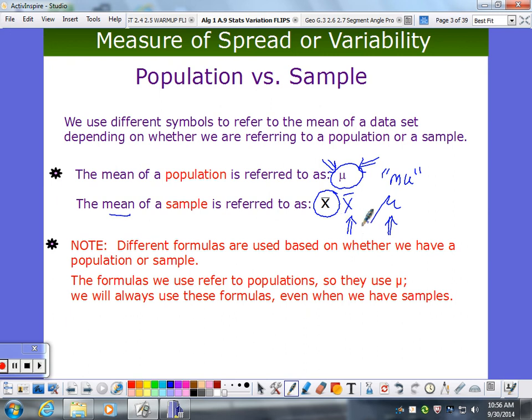So in our class, both of these things indicate mean. And what's a mean again? Add them all up, divide by the number you have. So both of these symbols are interchangeable for us. If you go on with statistics past this class, they will have special meaning, and they just mean they're in different formulas.